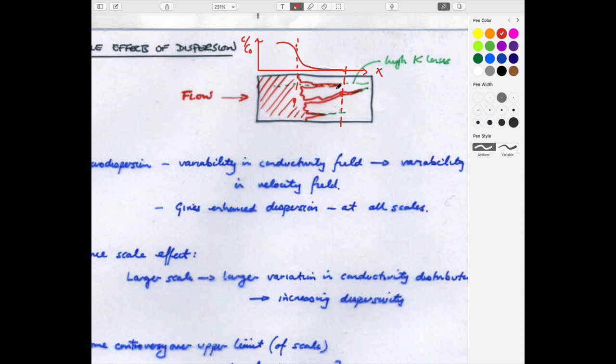If you take an average across this front, then that one-dimensional profile is what comes out of it.